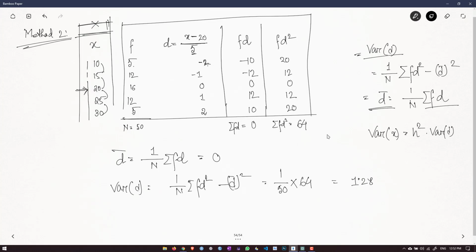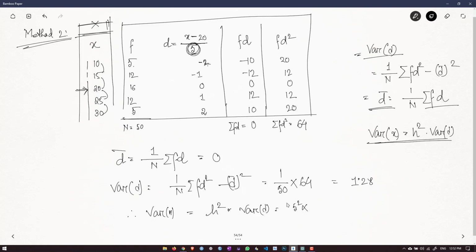So from variance of d, how can we calculate variance of x? Simply by multiplying by h square. Therefore variance of x is equal to h square into variance of d. Now what is h? H is this value 5.